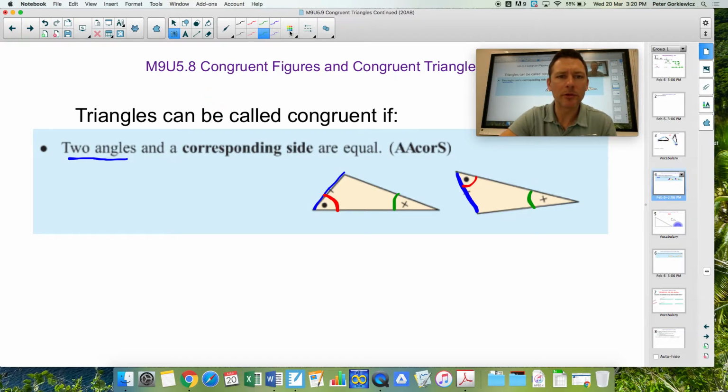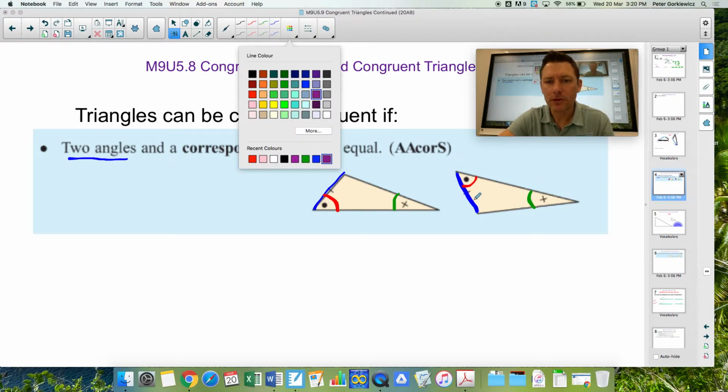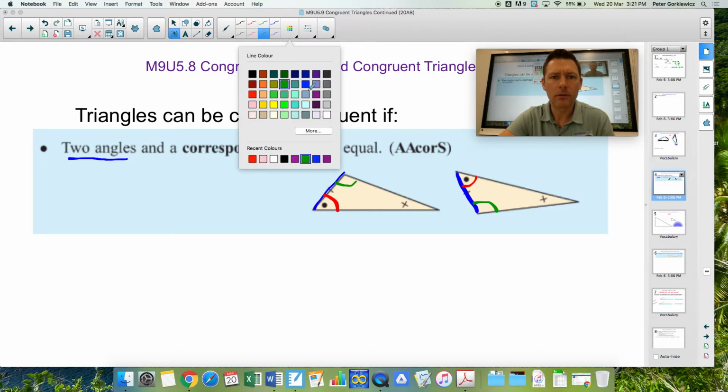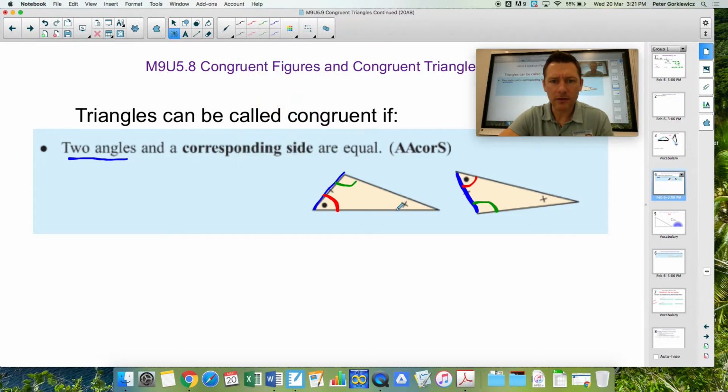And now you might be wondering, what happens if we have not that green angle, but this angle? We know that these are equal. Well, if we know these are equal, we can say that this and this are equal because all of them should add up to 180.